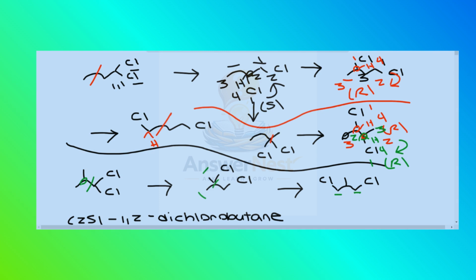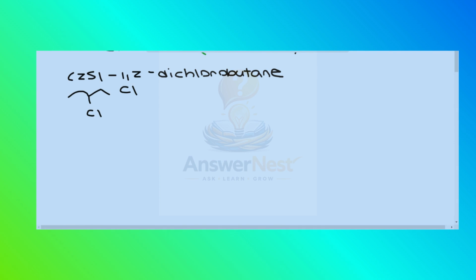Next one was the one in red in the top right. And we have the chlorine on carbon 3, and also carbon 1. So we're going to go this way.